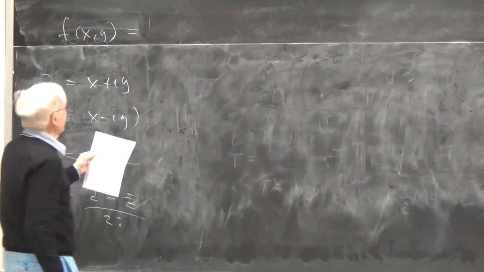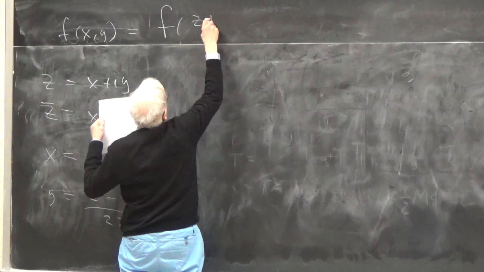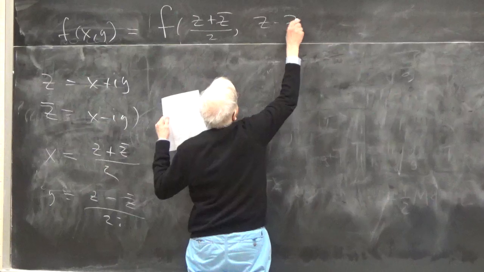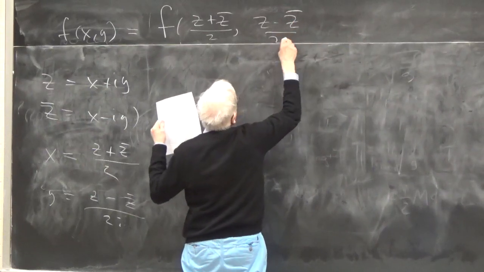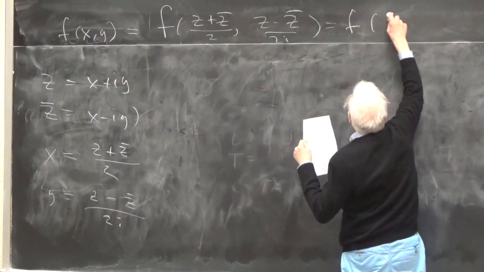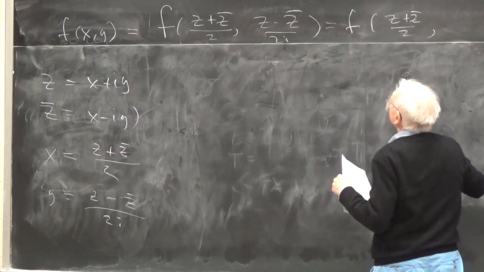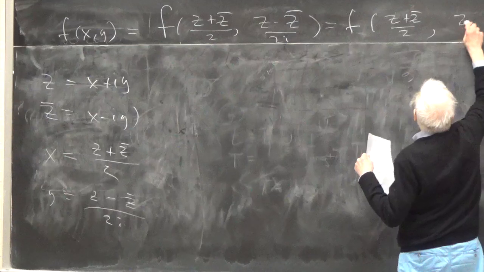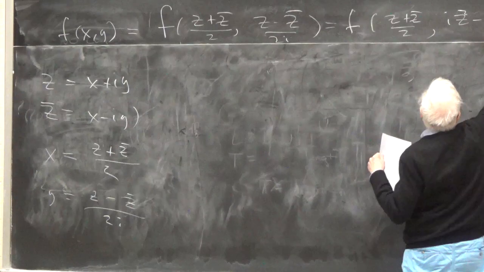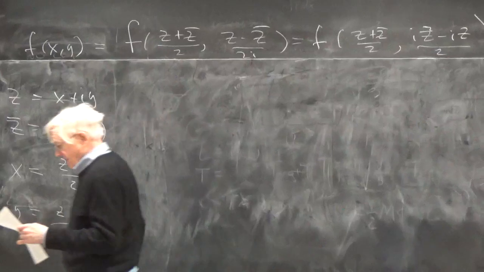And in that case, we can rewrite f of x and y as f of z plus z bar over 2, z minus z bar over 2i, or equivalently, f of z plus z bar over 2, and i z bar minus i z over 2, just to get the i out of the denominator.